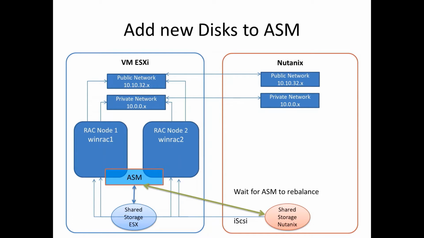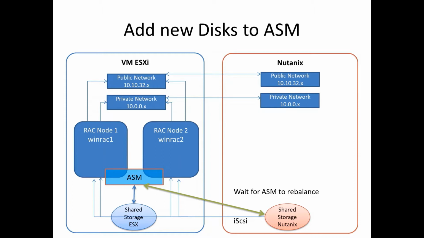It's the same thing, because ASM needs to detect the disk, and ideally it should be of the same size. For example, if you are using 3 disks for data, then prefer to use 3 identical disks when you are adding to Nutanix as well, because otherwise there may be mismatches, and while you are evicting the existing disk, you might face some issue.